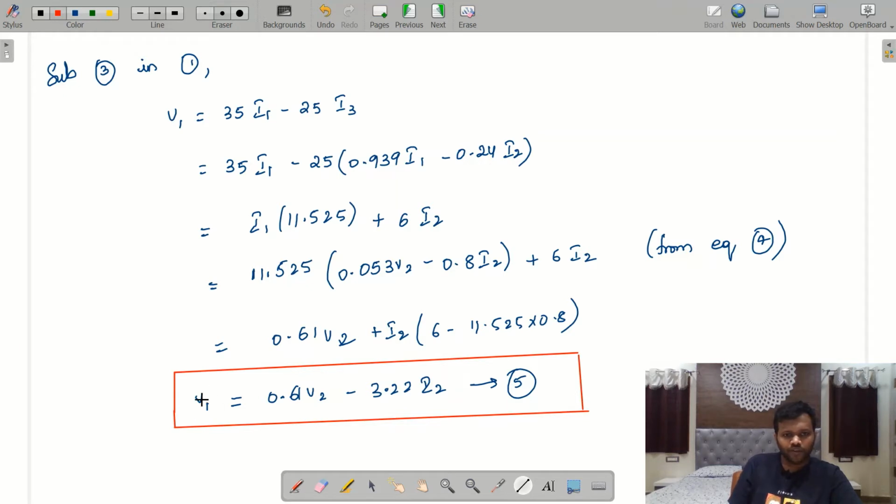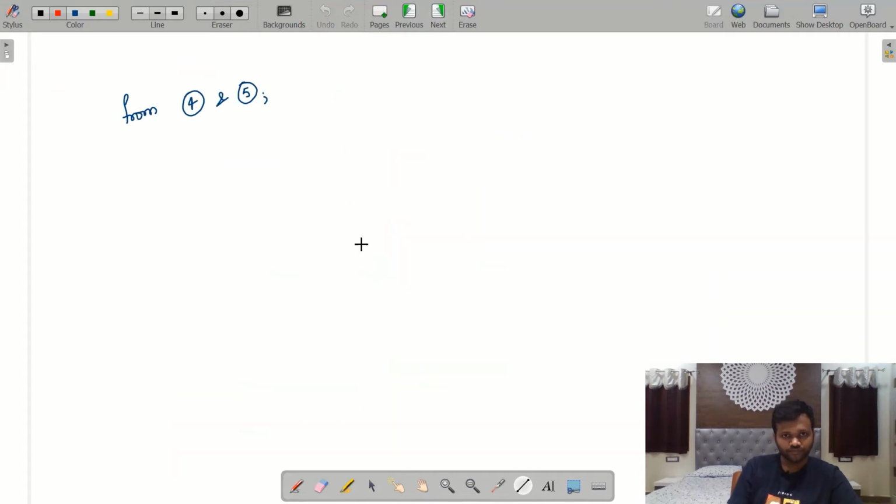V1 equal to A V2 minus B I2, so I can consider A and B as 0.61 and 3.22. So A, B equal to 0.61, 3.22.